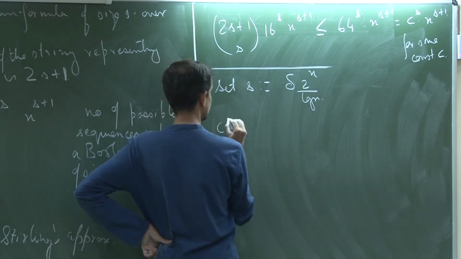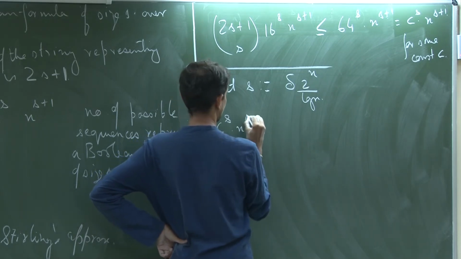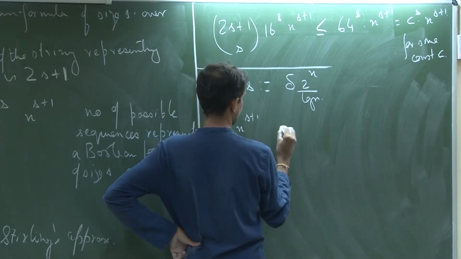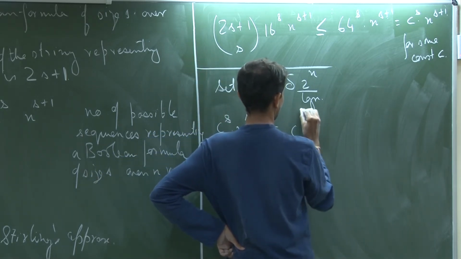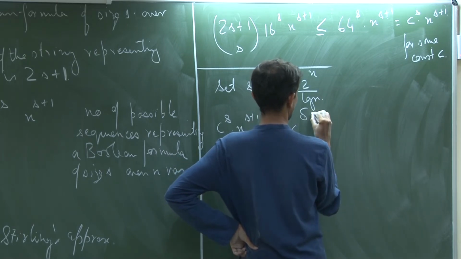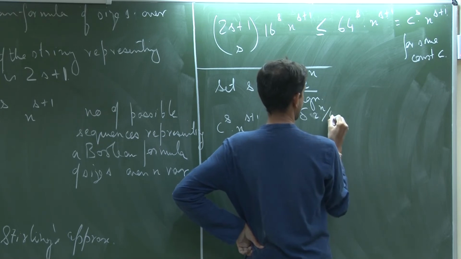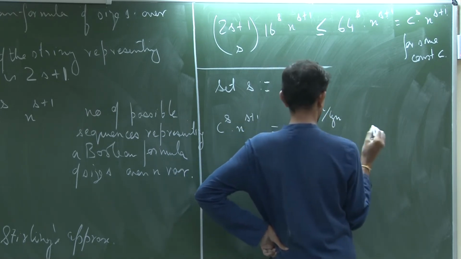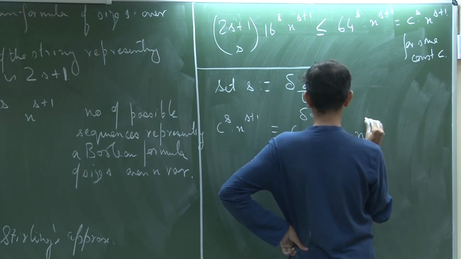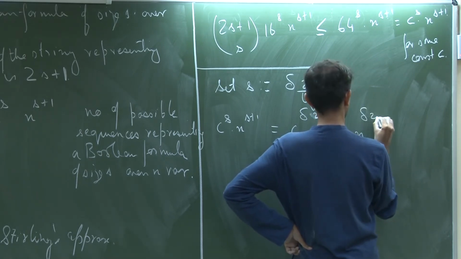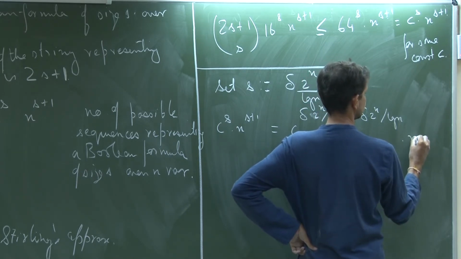So, therefore, C to the power S times n to the power S plus 1 is equal to C to the power delta 2 to the power n by log n times n to the power delta 2 to the power n by log n times n.